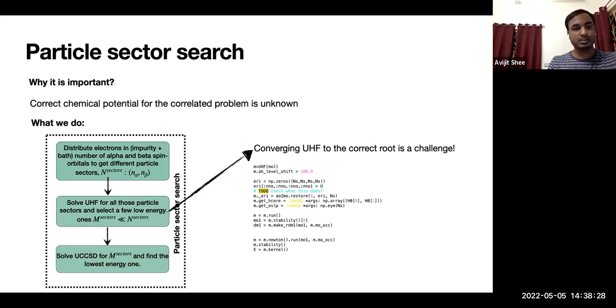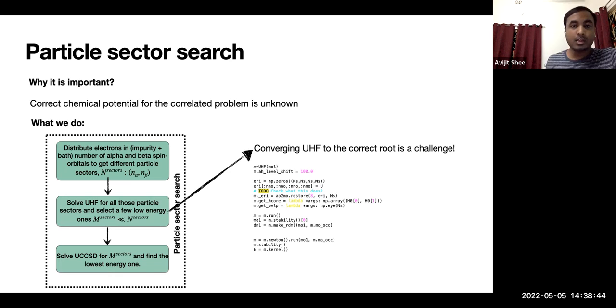First is the particle sector search. Why is it important? We do not know beforehand what the correct chemical potential is for the correlated problem.